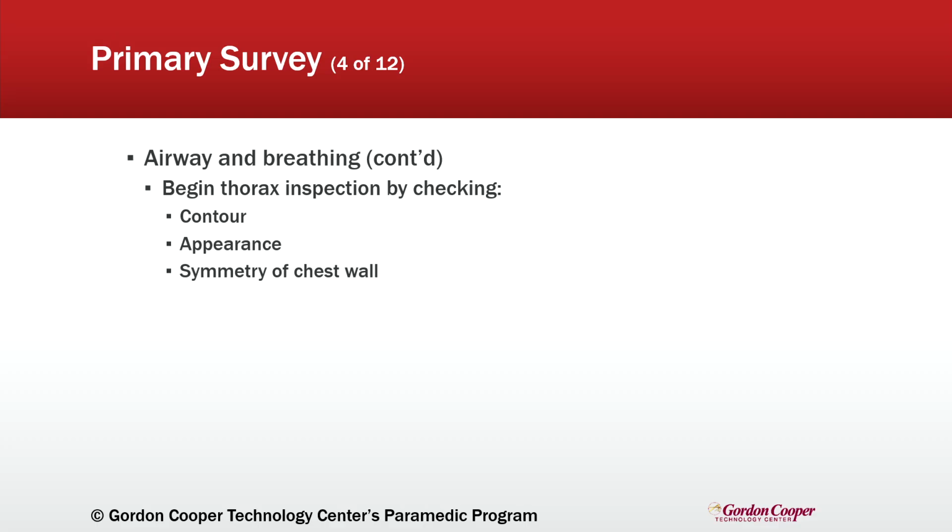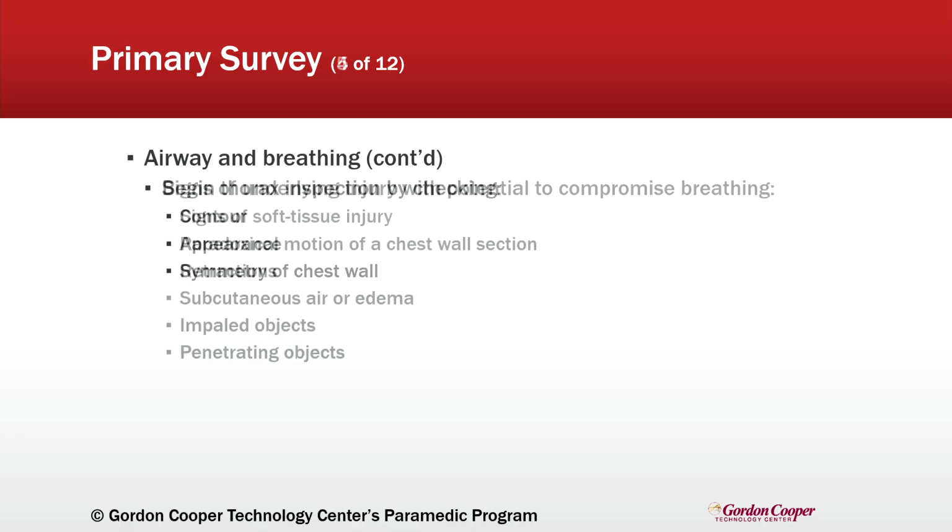So we're looking at the skin over the chest for any signs of trauma, bruising, laceration, swelling, and then of course symmetry, between the left side and the right side. We would expect equal chest rise, equal fall. However, whenever we see things like a tension pneumo or rib fractures or flail segments, we'll definitely notice some differences.